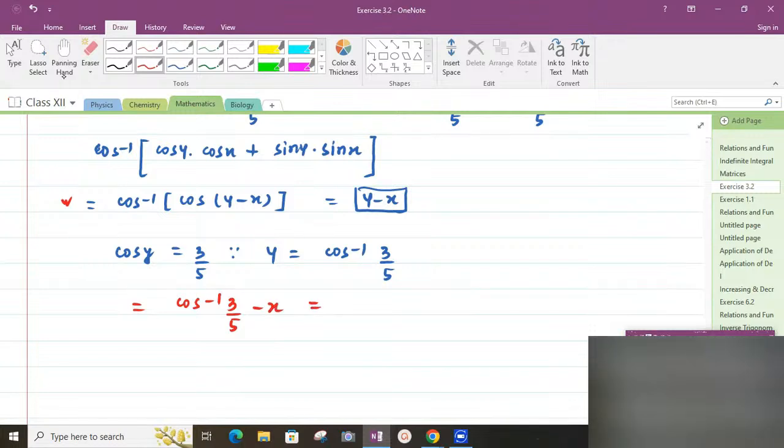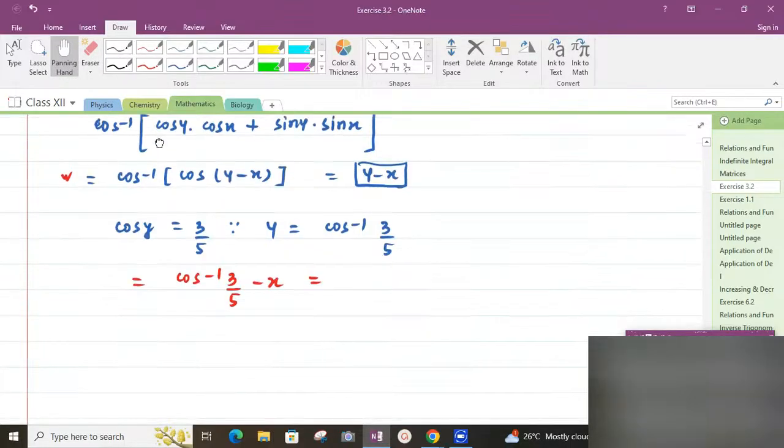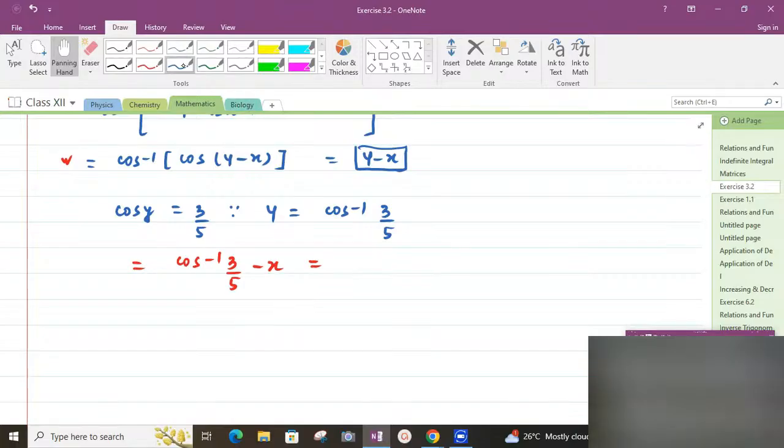Or when we take the help of sin y, then y equal to sin inverse 4 by 5, so we write sin inverse 4 by 5 minus x. So any one of these two will be the simplified form of this question.